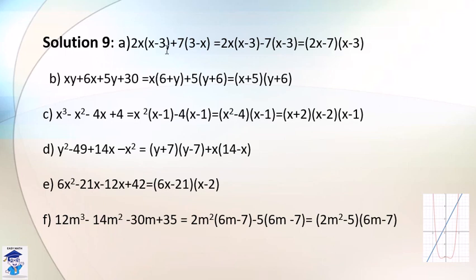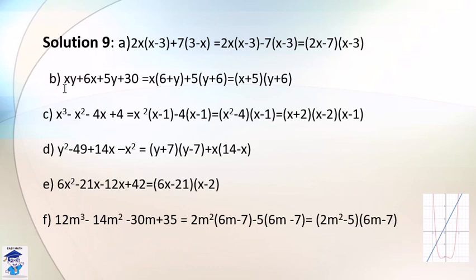We can see this x minus 3. We can change this one, take out the negative, so the same term x minus 3. So in the front, the 7 becomes negative 7. So made it the same term x minus 3. So the final answer is 2x minus 7 times x minus 3. It is the final answer for A.